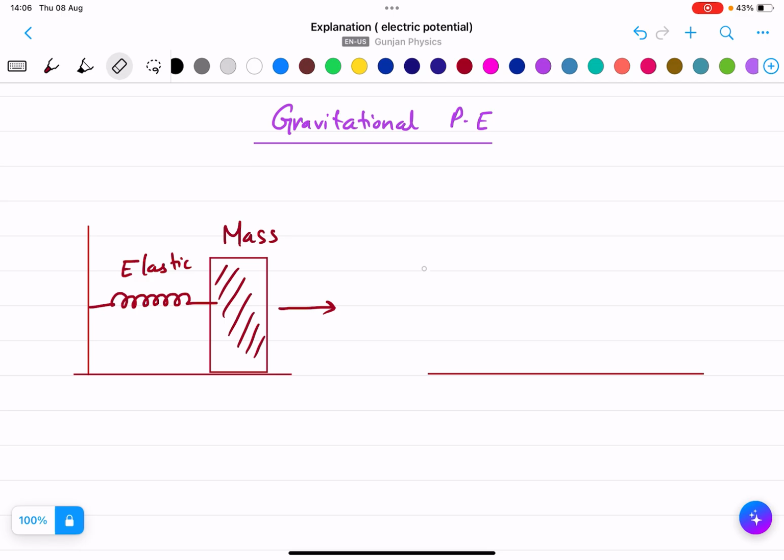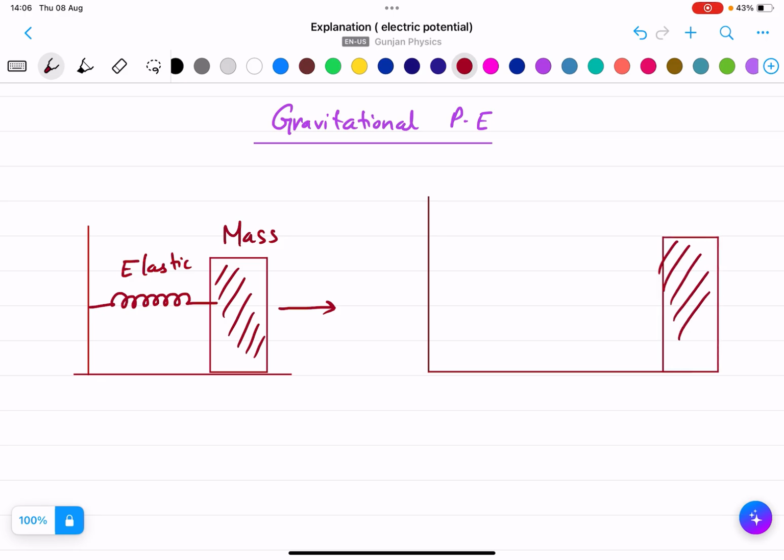So I'm pulling this box, and it moves and attains this position. When I pull it, the elastic is stretched and becomes like this.